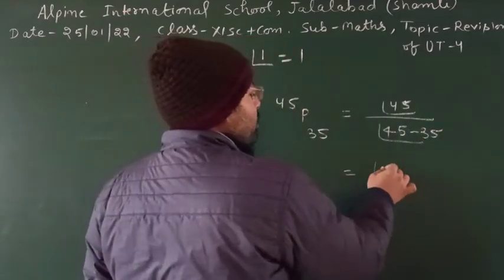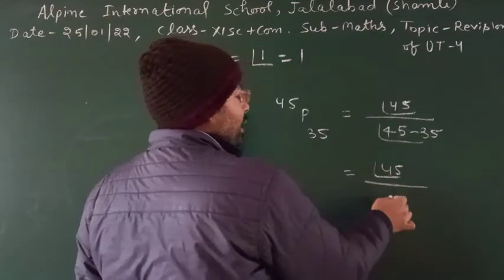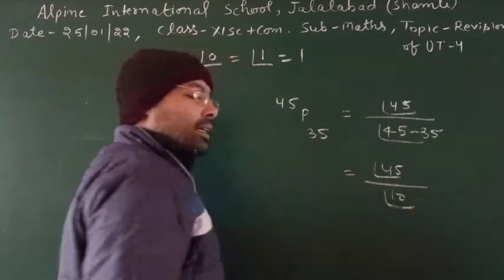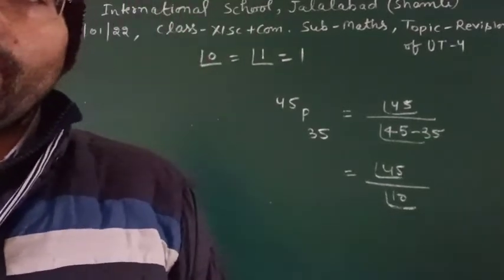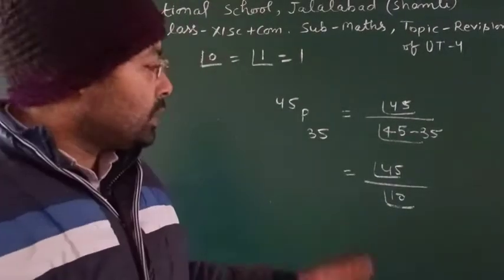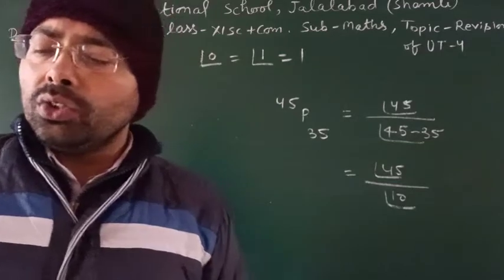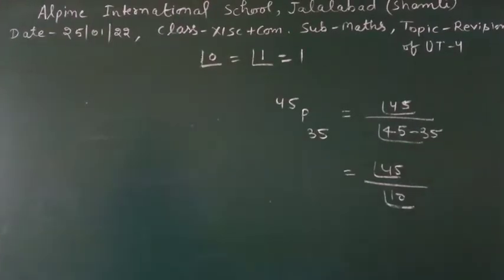So we have factorial 40 upon factorial 5, and we can open these two factorials and find the value of this question. Clear? So in this way we can find out the value of the permutation. चलिए आगे क्वेश्चंस लेते हैं.